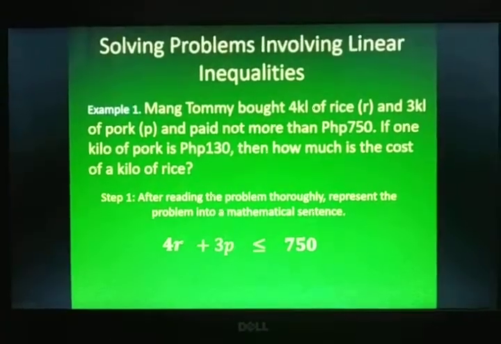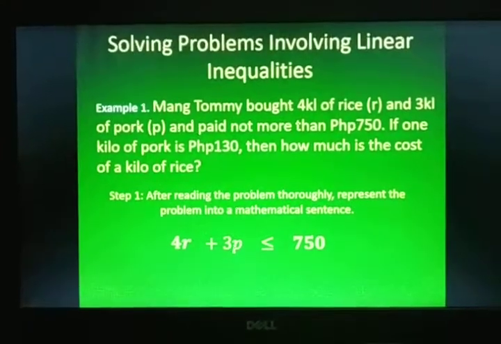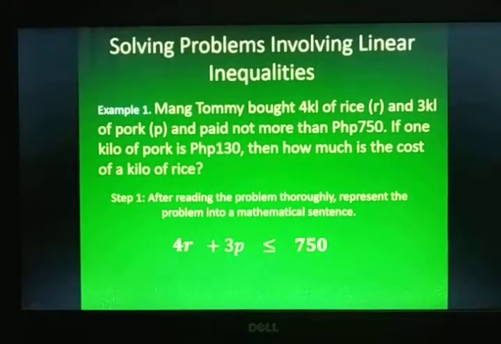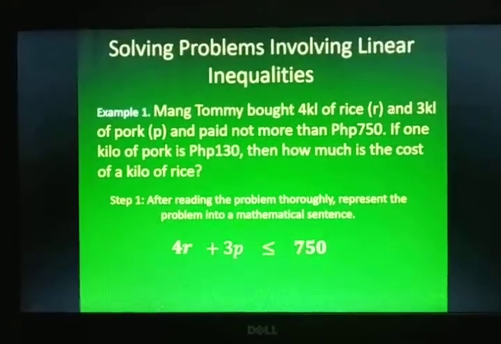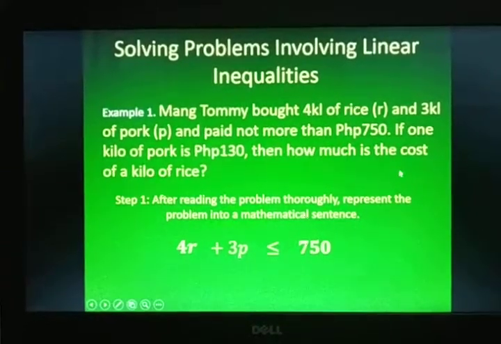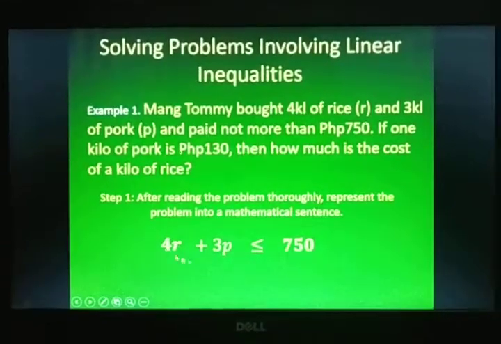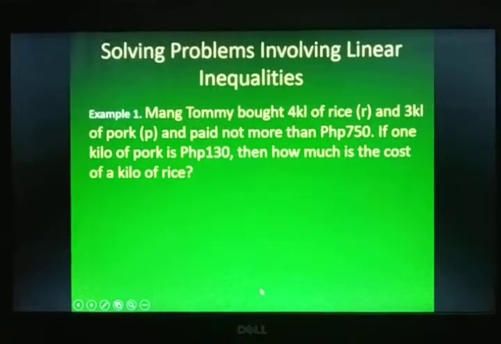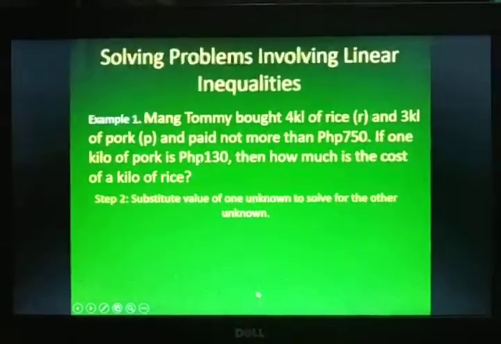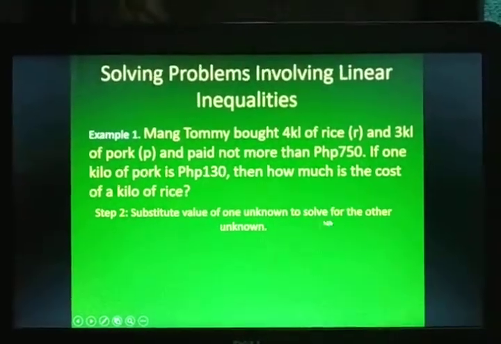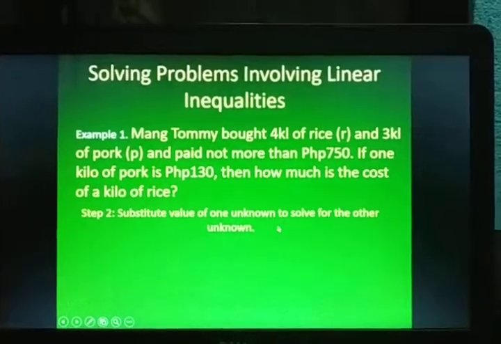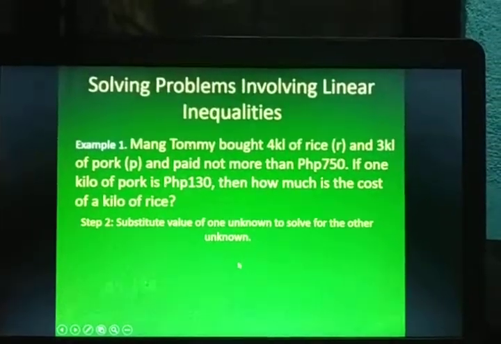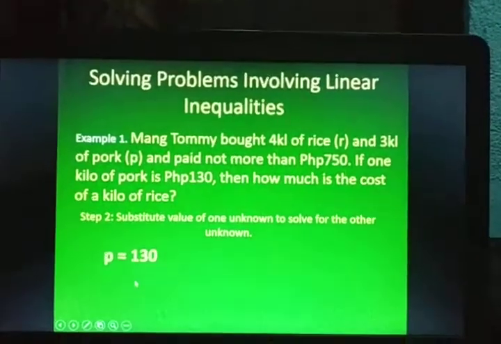Okay, we have 4R plus 3P is less than or equal to 750 pesos. Now, we are looking for the cost of rice, which is R. P is given, and that is the next step. Substitute the value of one unknown to solve for the other unknown. So, we already know that pork is 130, so that's P equals 130.